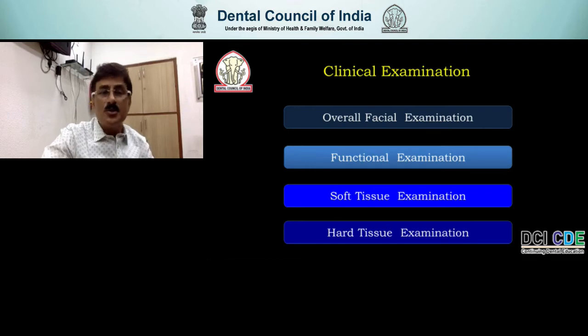Clinical examination could be overall facial examination, whether the face is long or short, whether the infranasal height is more or less. Then the functional examination, that's examining the TMJ, whether the joints are stable or unstable. Soft tissue examination is a very important parameter if you are catering to aesthetic orthodontics, and then hard tissue examination.